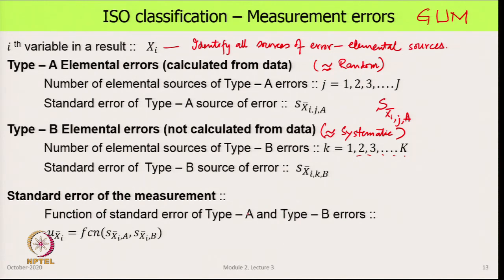And then these are combined together to get the standard error of the measurement U_Xi bar, which is the same symbol as before. Now, it is a function of the type A standard errors and type B standard errors. So, that is the difference with the earlier method.